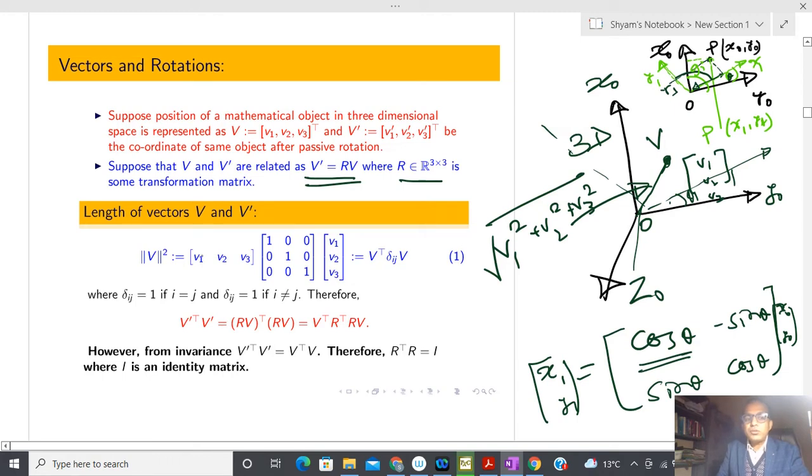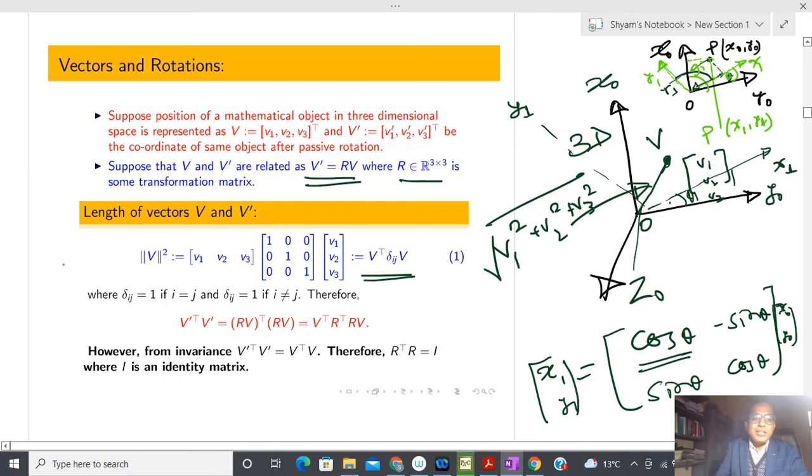In this way I can represent the distance squared, v squared. Now I am also going to represent the distance v dash in another coordinate frame, that is x1 and y1. Again the distance is v transpose v.